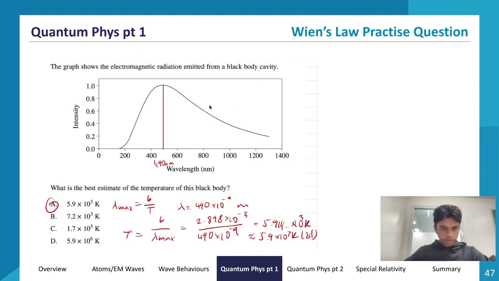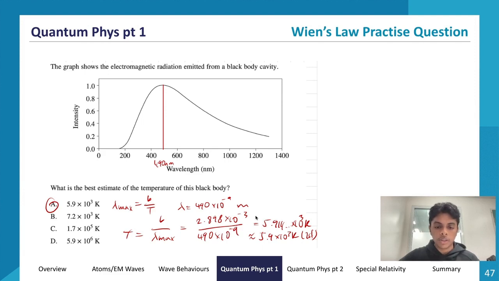First we write the formula, lambda max is equal to B on T, and then we try to find the max wavelength. We find an approximate. If I draw the line from the max wavelength down here, we get approximately 490 nanometers. So I have lambda max equals 490 times 10 to the power of negative 9 meters, and T is equal to B on lambda, which is 2.898 times 10 to the power of negative 3 over 490 times 10 to the power of negative 9.